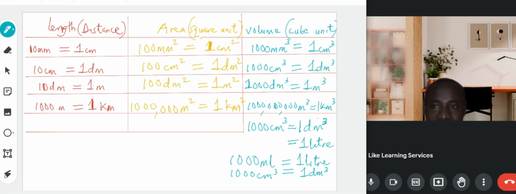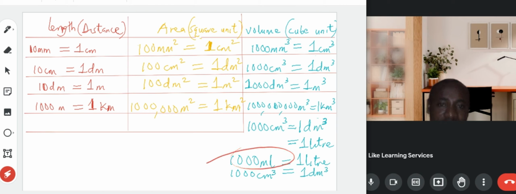And we know that 1 decimeter cube is the same thing as 1 liter. So 1,000 centimeter cube, which is 1 liter, is the same thing as 1,000 milliliter, because 1 liter is 1,000 milliliter.